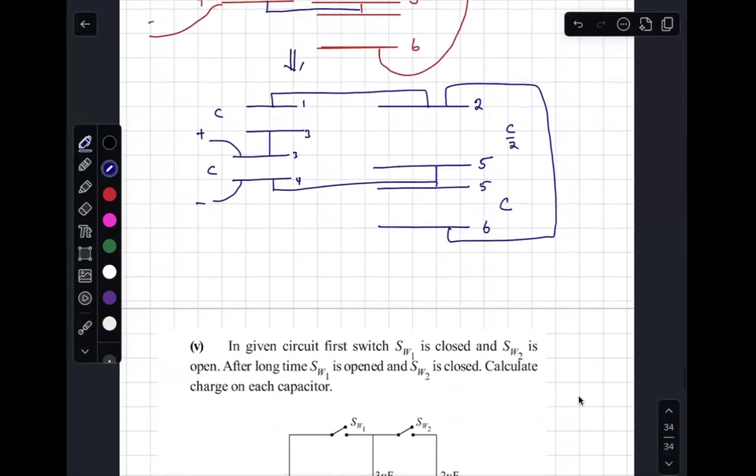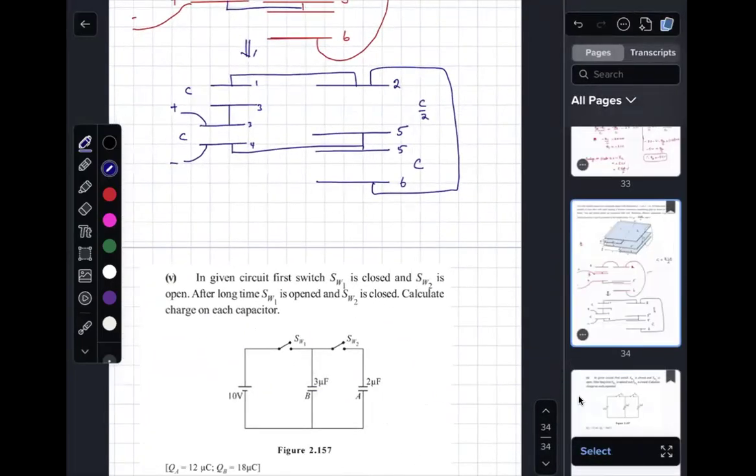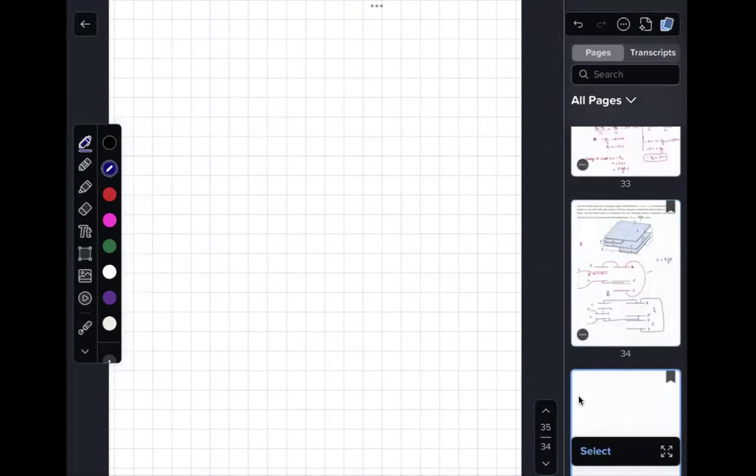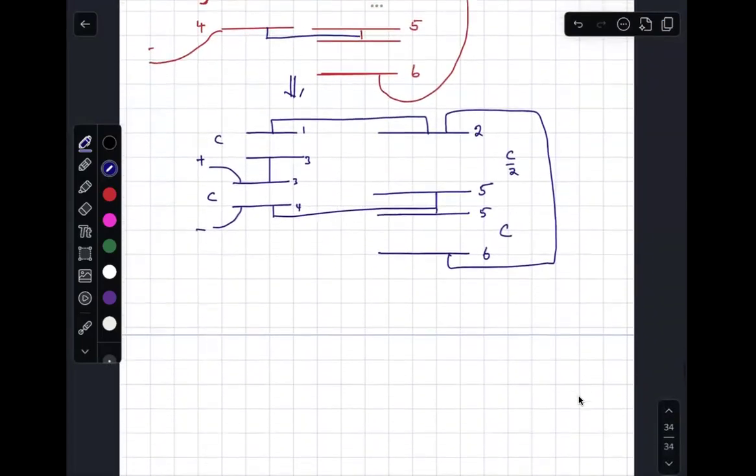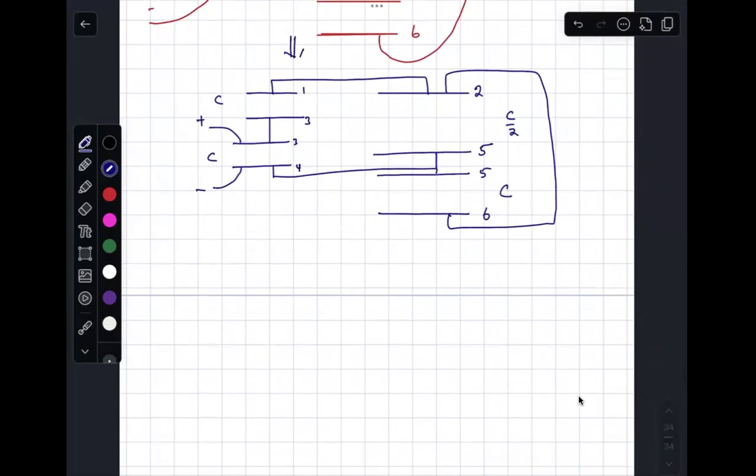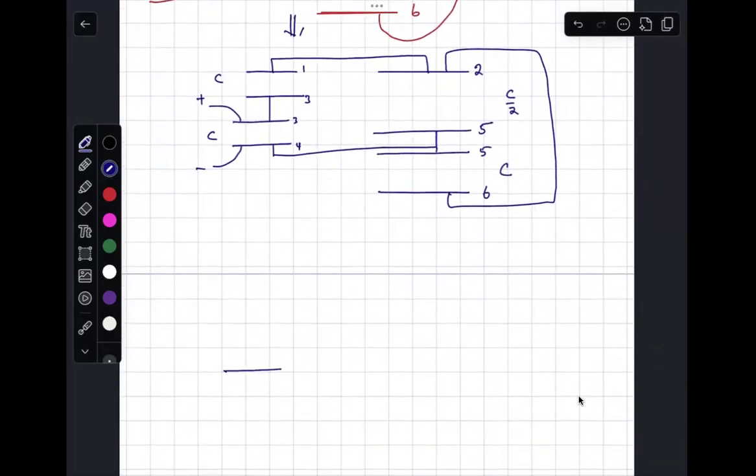I need to extend this circuit again. I should rewrite this properly. Now see, now I am rewriting the circuit again. 3, 4 fixed. One you have.